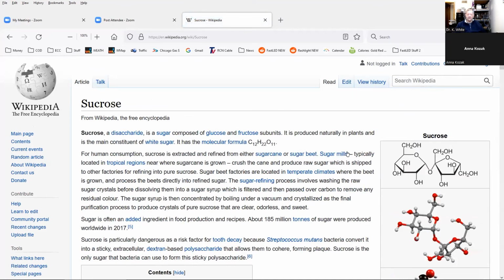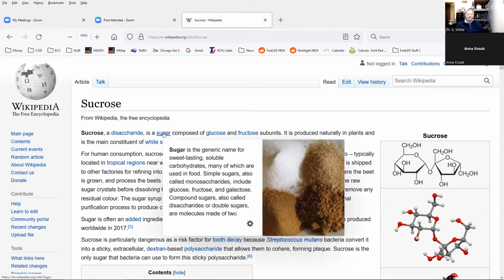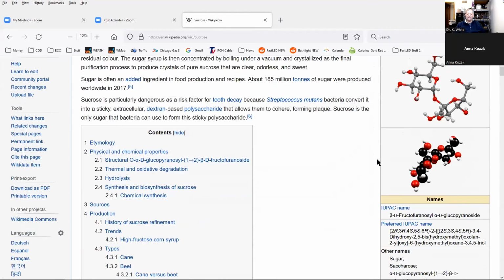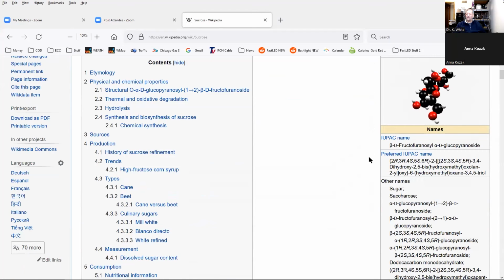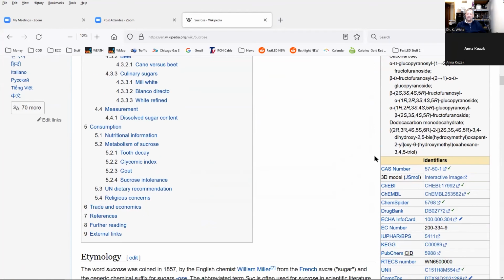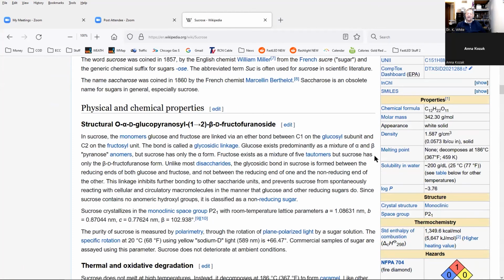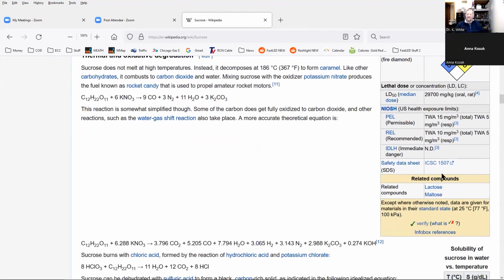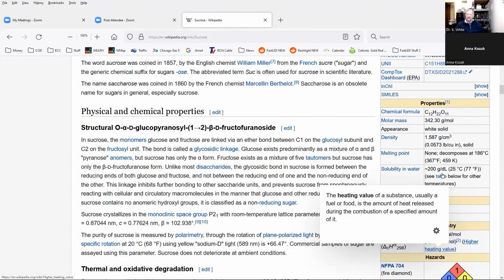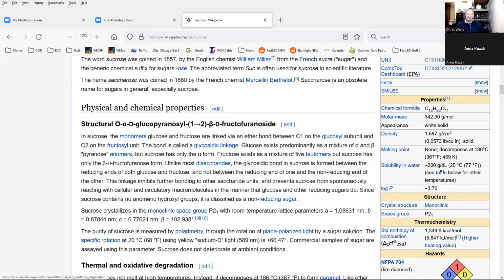And sucrose. Sucrose is the molecule you call table sugar. And if we scroll down on the right, you'll see names, identifiers, and then properties. And here they have approximately at 25 degrees C. They have a lower table. Let's see where that lower table is.